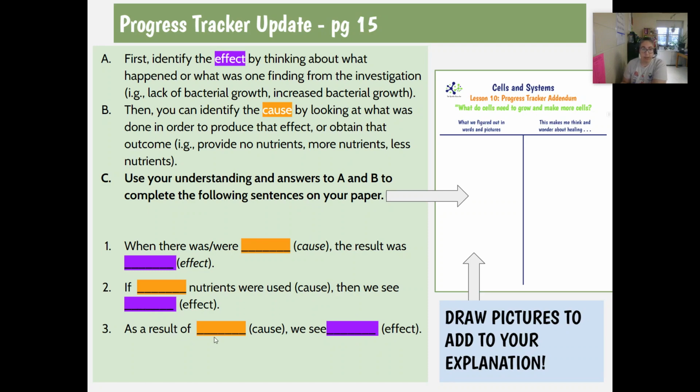And as the result of blank, we can see blank. You're going to want to write the answer to all three of these sentences in complete sentences on your chart. And then I would like you to draw pictures to add to your explanation. You could draw examples of a few of the plates, something that shows you understand the relationship between the amount of nutrition and the bacterial growth.